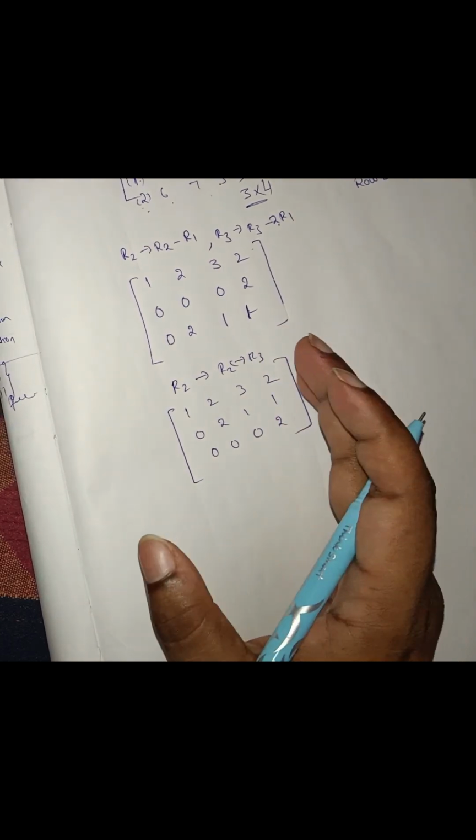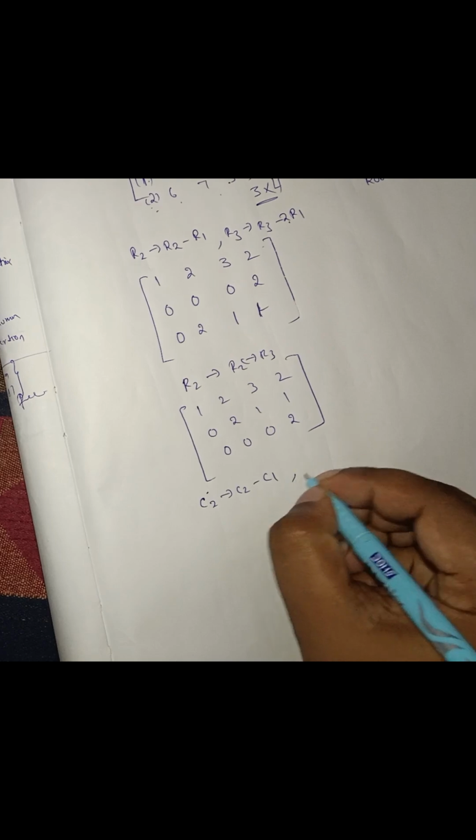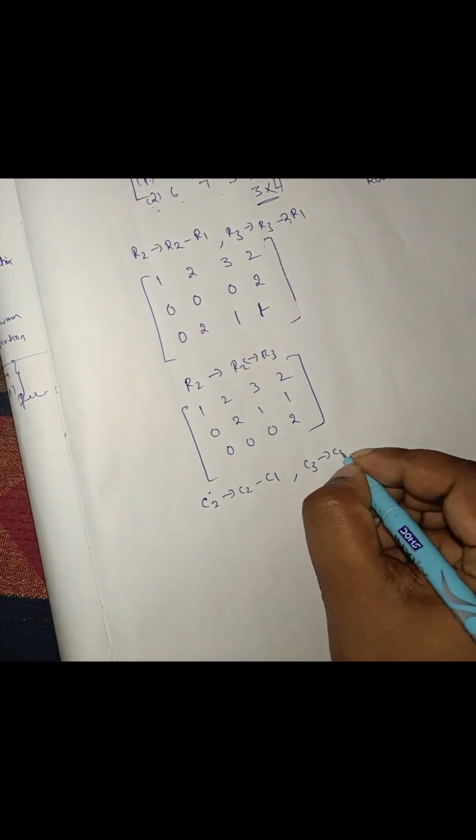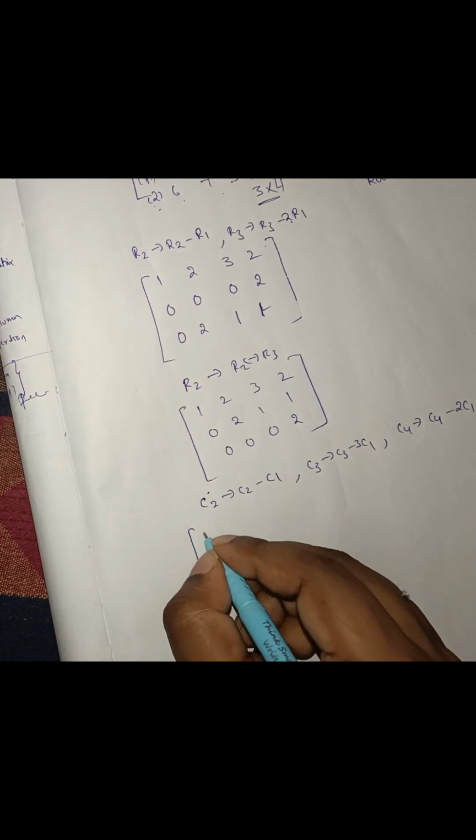Now I'll operate C2 tends to C2 minus 2C1, C3 tends to C3 minus 3C1, and I'll make these zeros. And C4 tends to C4 minus 2C1. C1 remains unchanged.